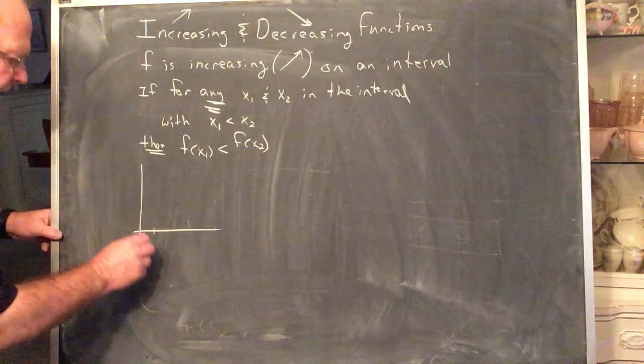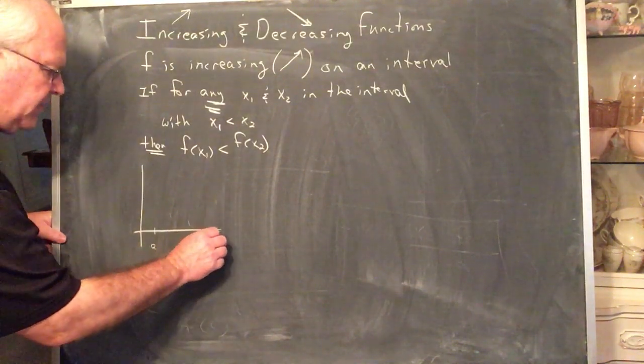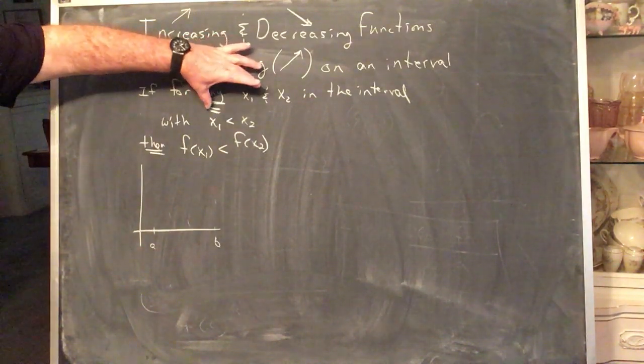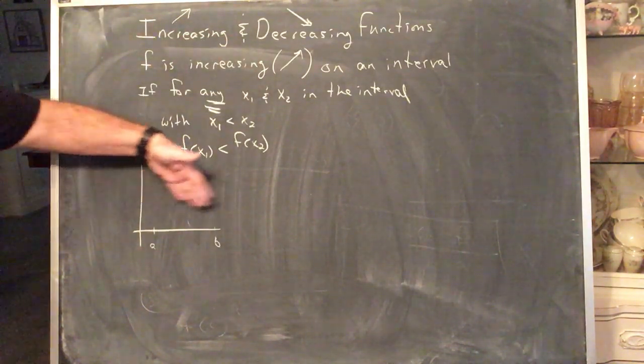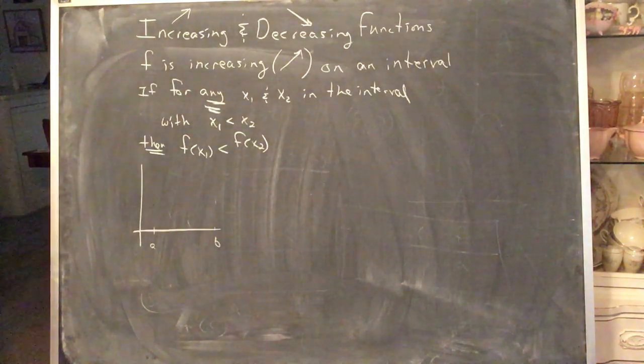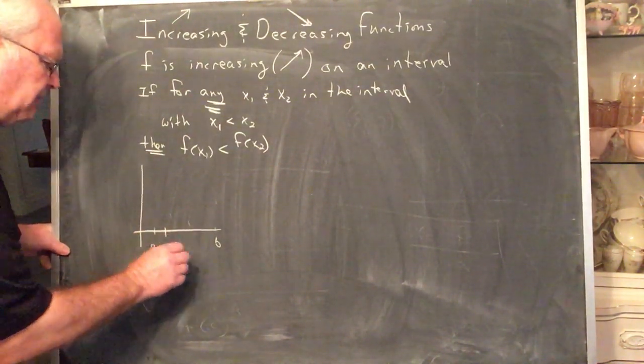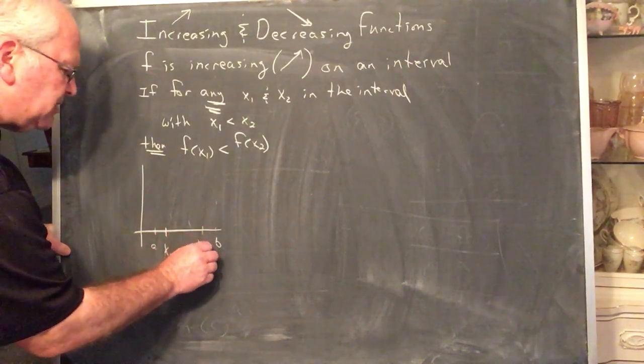In this particular case, let's suppose I have A and B. It doesn't need to be a closed interval, it doesn't need to be a finite length interval, but let's just assume for this time we have interval AB. We are free to choose any two values in this interval. And so I'm going to call this one x1 and x2.